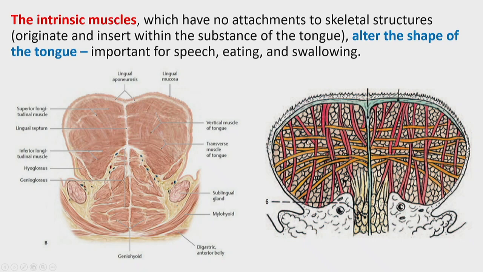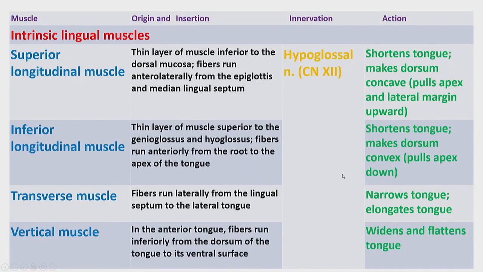So according to the direction of the fiber, so the longitudinal superior, longitudinal inferior, the transverse, which is, you see that it doesn't penetrate the septum usually, maybe some small fiber, but it's separated from each other, and the vertical one. And here you have the table for the details.